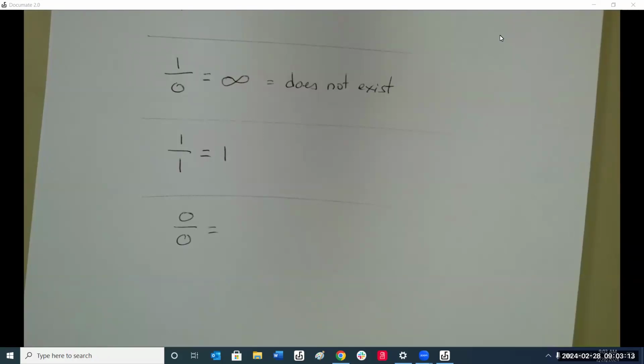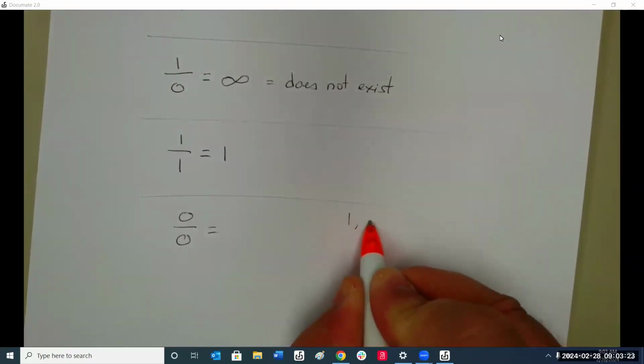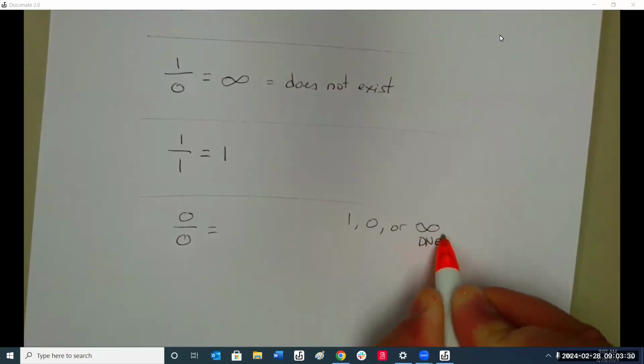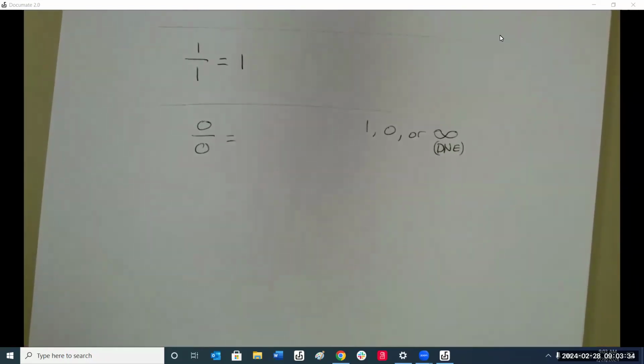It's either going to be 1 or 0 or infinity. It's the only thing it can be. So it can be either 1, 0, or infinity, which does not exist. What do y'all think? We have one answer already. What the rest of y'all think?